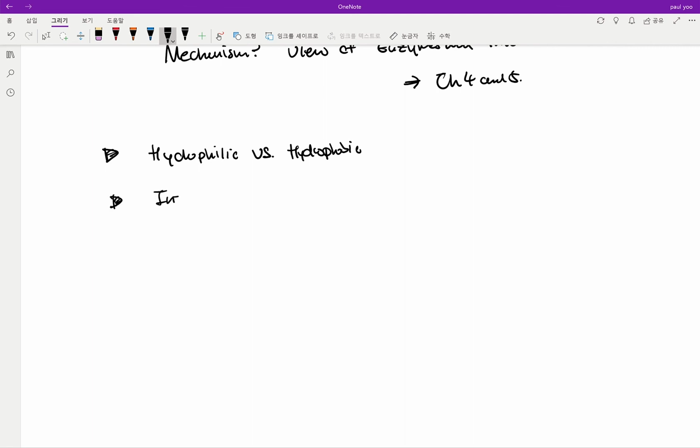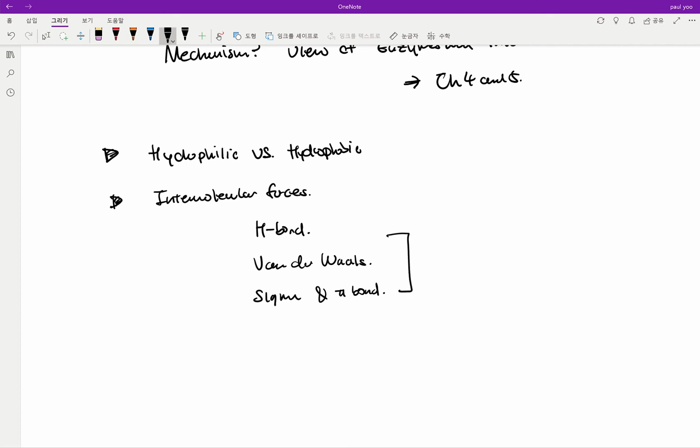Intermolecular forces: H-bond, van der Waals, sigma and pi bond, and in a view of kinetics, how many kilocalories per mole they create.